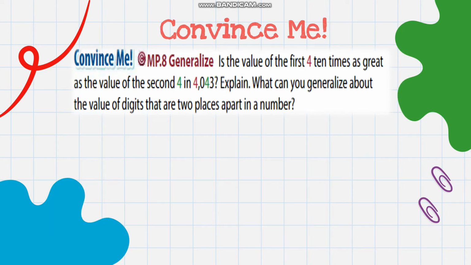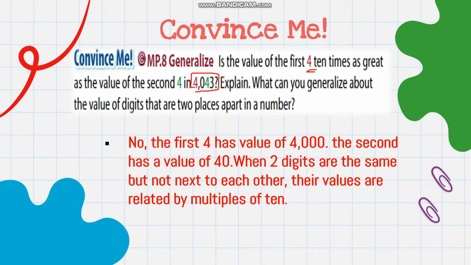Now, is the value of the first 4 10 times as great as the value of the second 4 in 4,043? Explain. What can you generalize about the value of digits that are two places apart in a number? So the answer is no. Why?